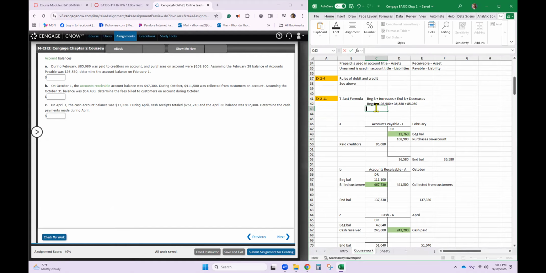Remember, beginning balance equals, so we're going to move that increase to the other side.